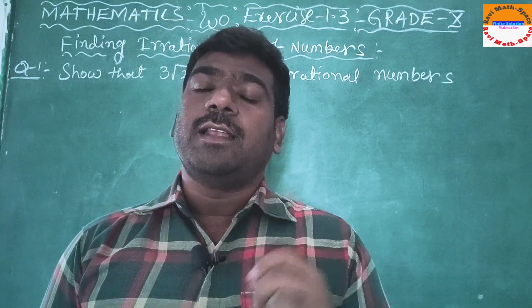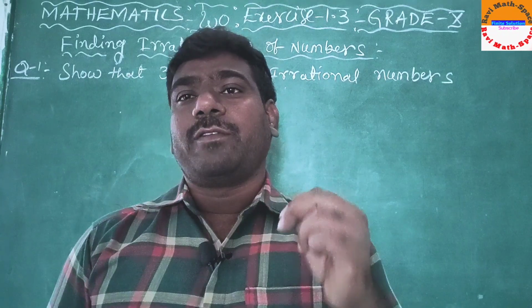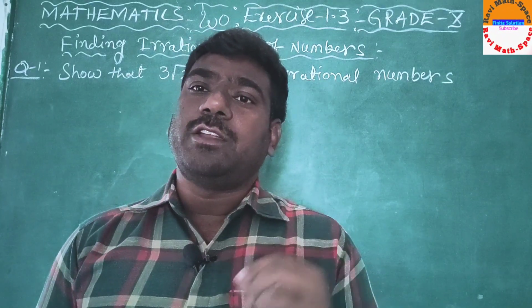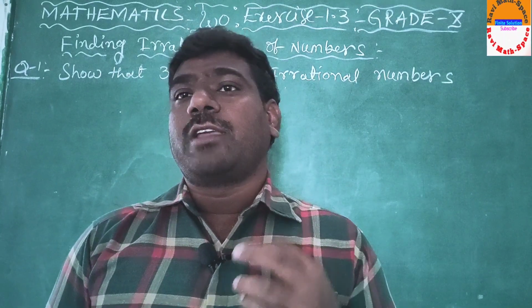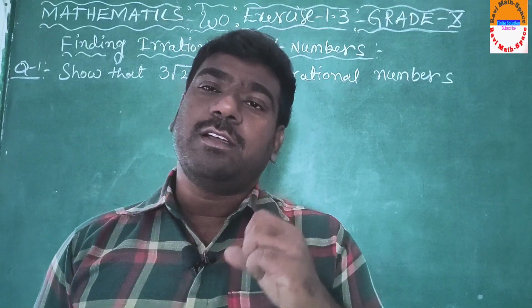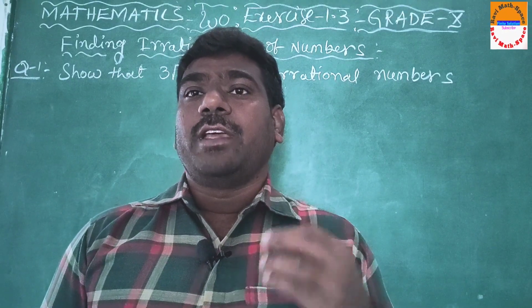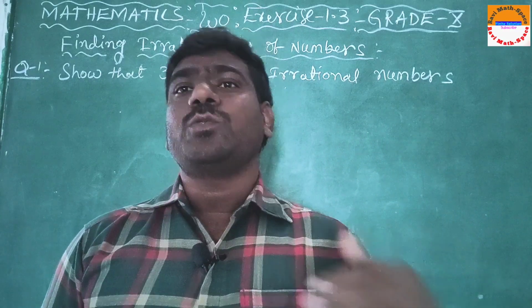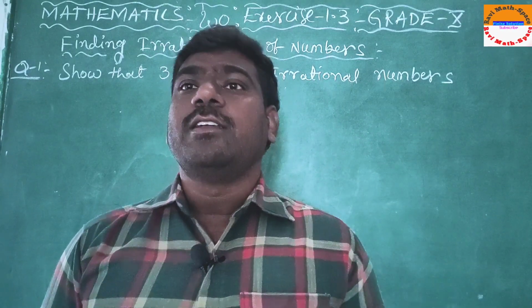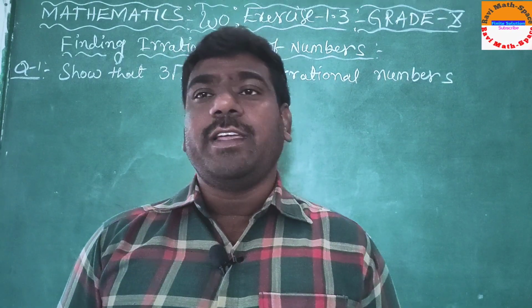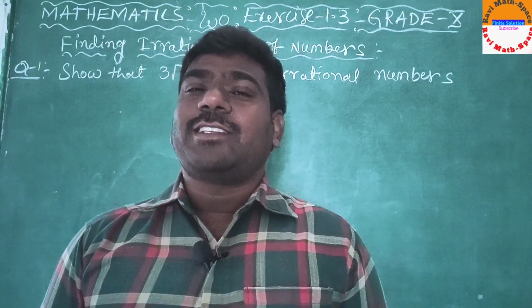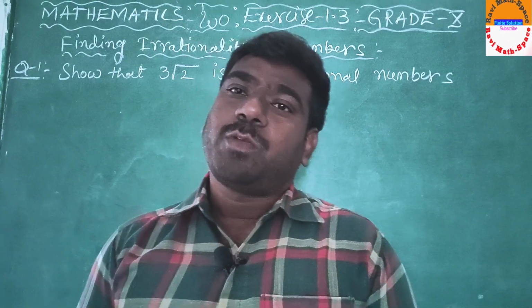I will provide the link in the description box. After watching the previous video, you can continue with this video, then only you can understand the concept better. Today we are going to discuss more problems based on finding the irrationality of numbers. Why late? Let's start the problems.